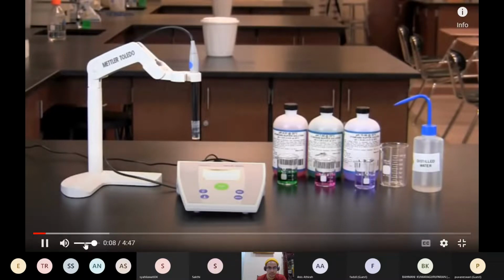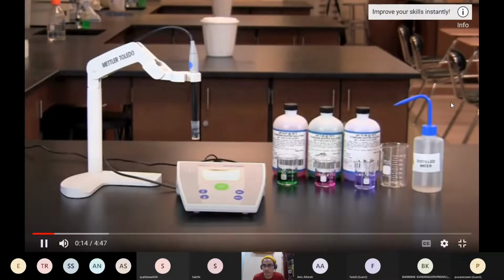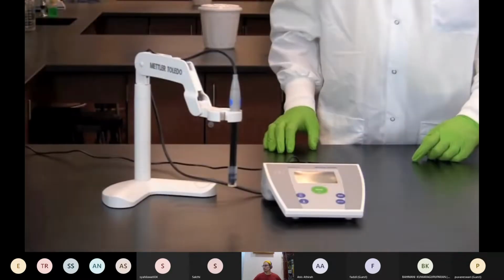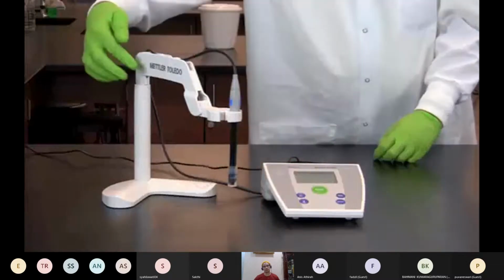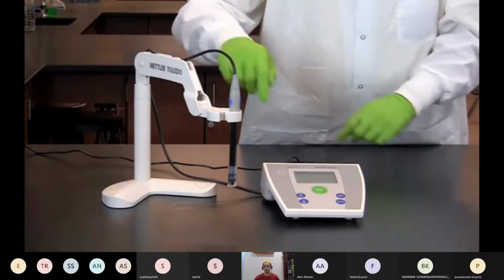pH meter. pH meters can be small and handheld or larger stationary pH meters. In this video, we will be using a stationary pH meter. The parts of a pH meter include the meter, the arm, and the electrode.